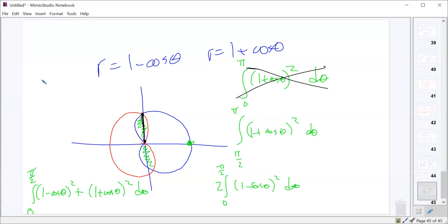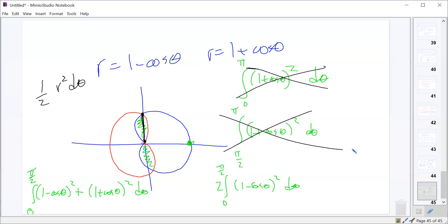But remember that our integral is 1/2 r squared d theta, and so we don't have the 1/2. That means we've multiplied it by 2, which would give us the area of the whole thing up here, because both of these are going to be identical just because of the nature of those functions. But this is only giving us the top part, not the bottom part too. So we can eliminate that one.